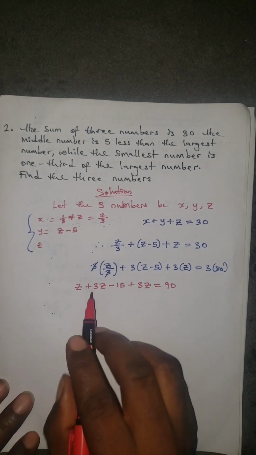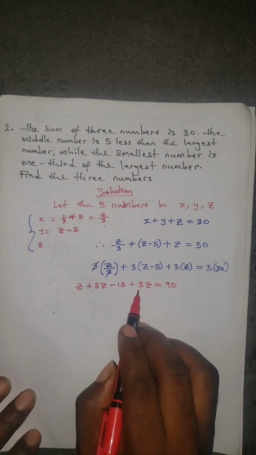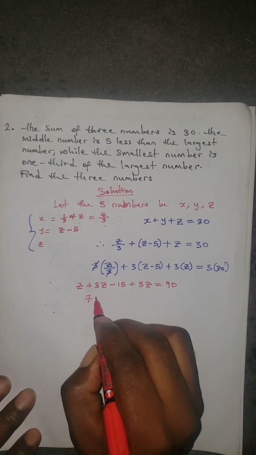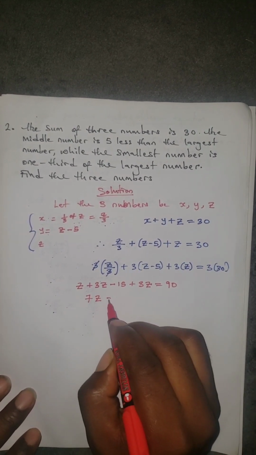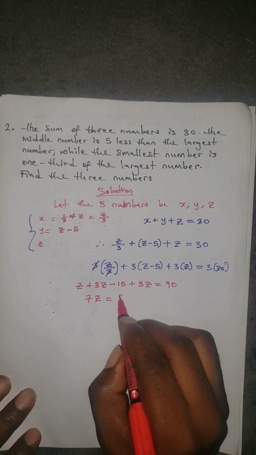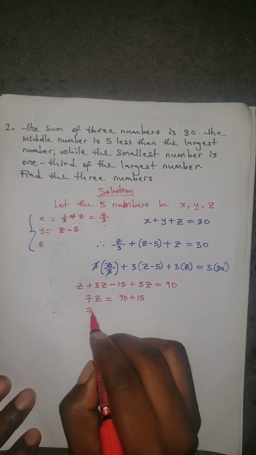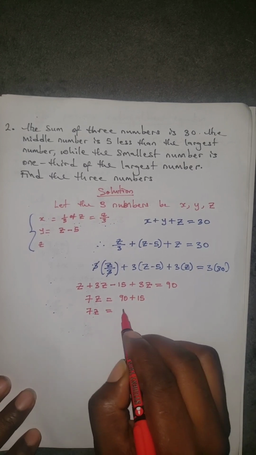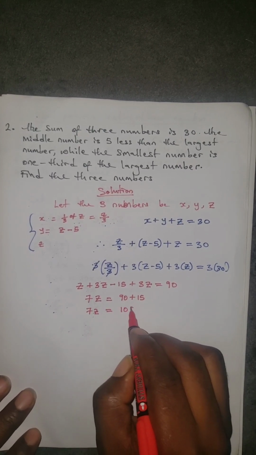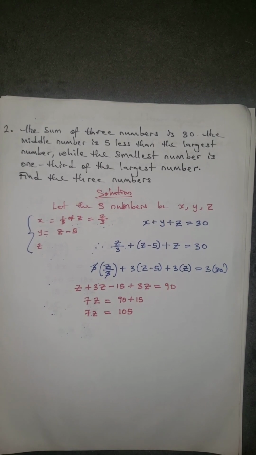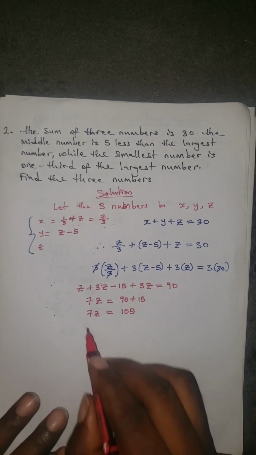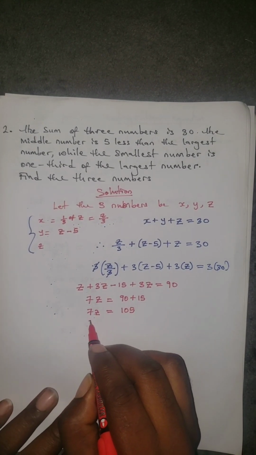So collect like terms, z, z, z, that will give me 7z. The 15 will cross over: 90 plus 15. So that will give us 7z equals 105. Okay, so we divide by 7. So divide both sides by 7.